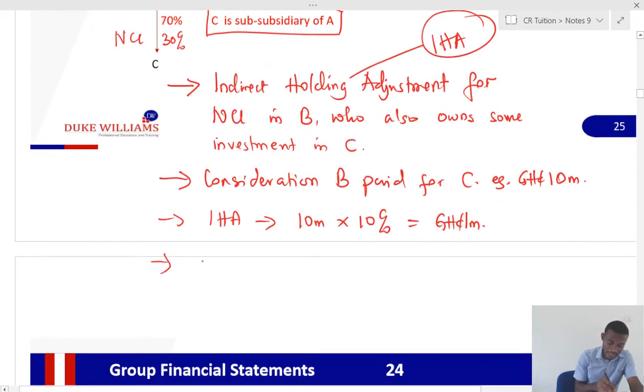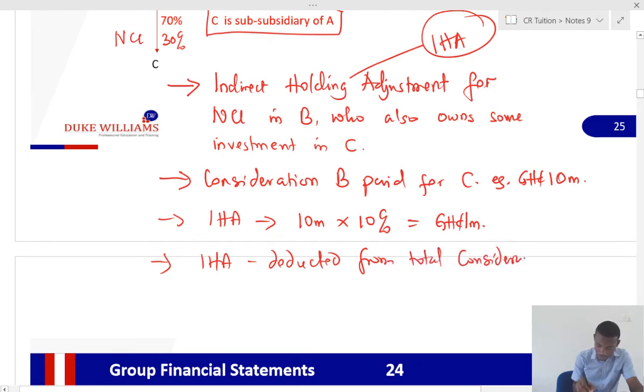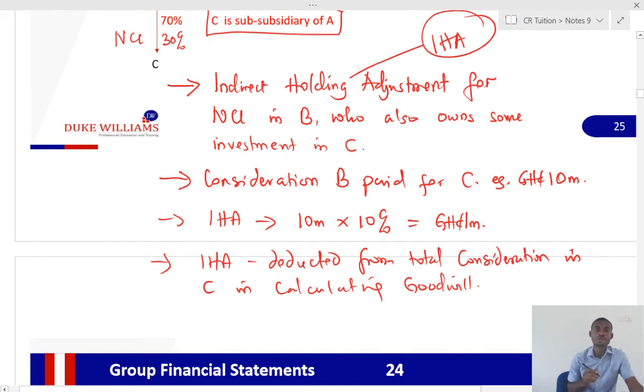So the adjustment, the indirect holding adjustment, is deducted from total consideration in C in calculating goodwill. And the same amount will be deducted from the NCI in B when we are consolidating.